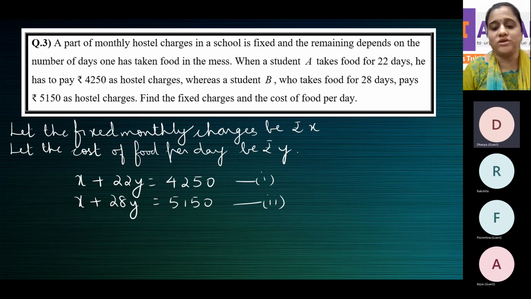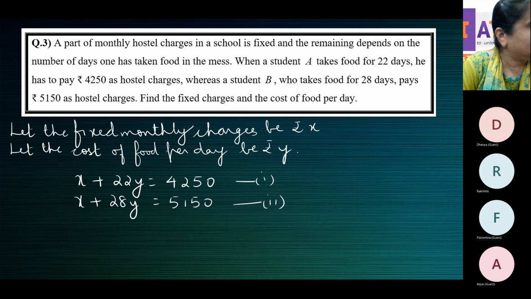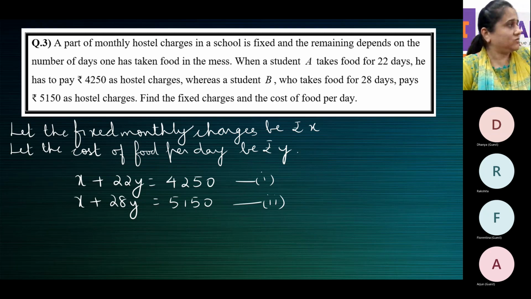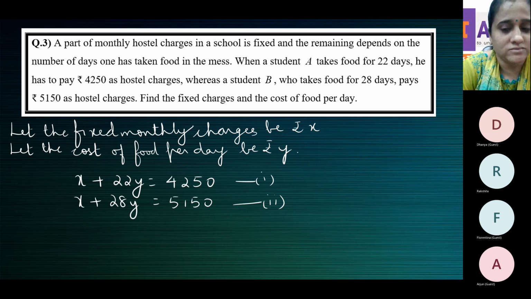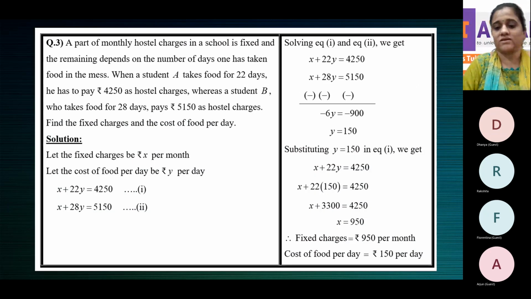Yes, online students. Ma'am, X is 950 and Y is 150. You got 750, right? So maybe some subtraction error. Come again, Danya. Ma'am, X is 950 and Y is 150. Okay. Very good.